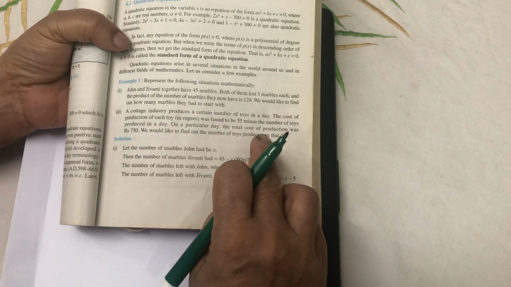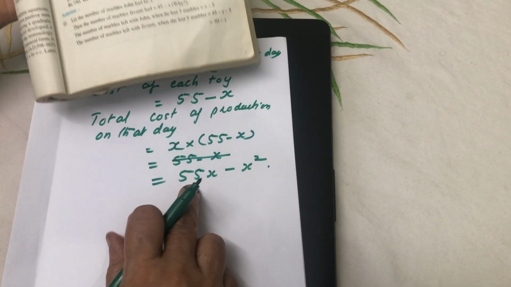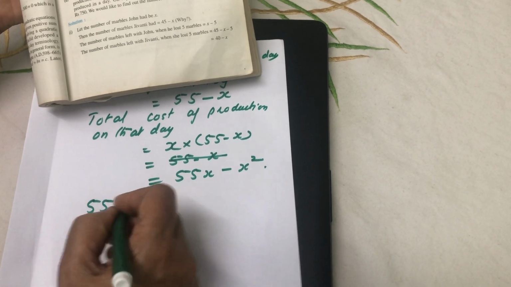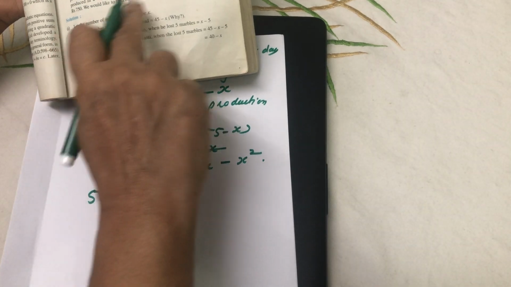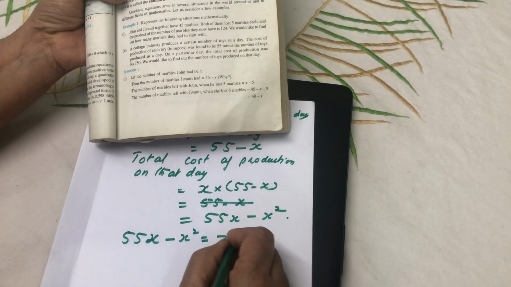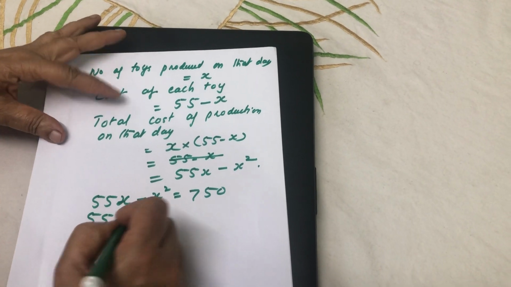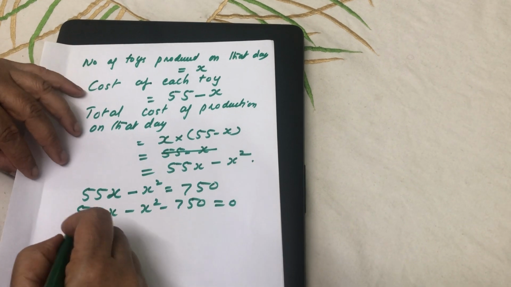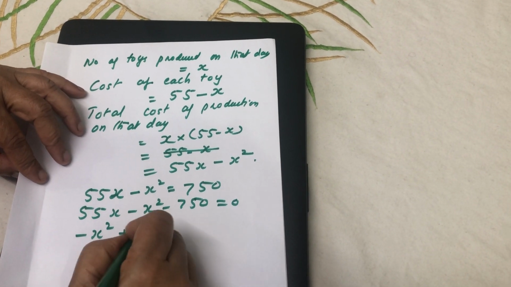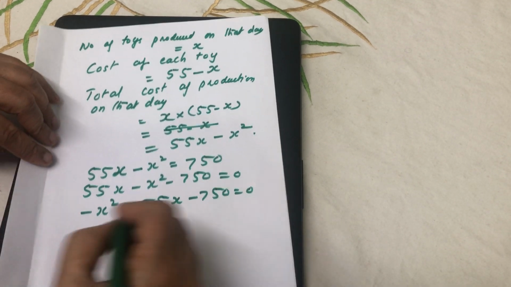Now the question says the total cost of production was 750. Therefore, this is our total cost, and that is equal to 750. So you bring this 750 to this side: minus x squared plus 55x minus 750 equal to 0.